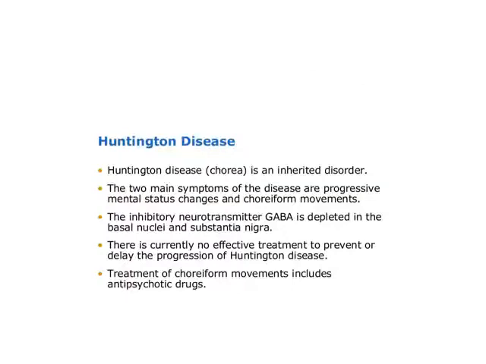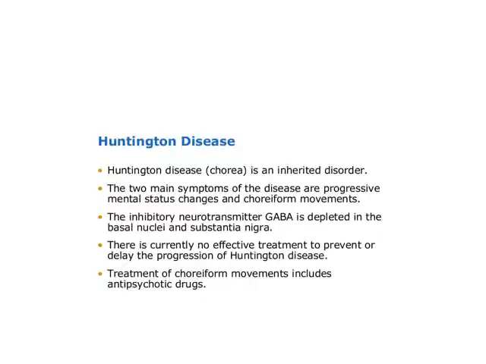The next important type of chorea is Huntington's chorea or Huntington's disease, which is an inherited disorder. There are two main symptoms of Huntington's disease. These are progressive mental state changes and choreiform movements.